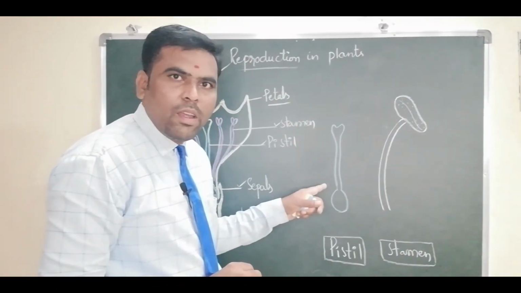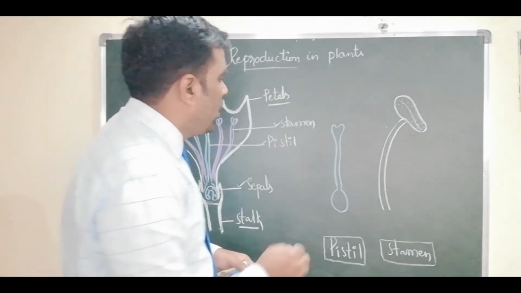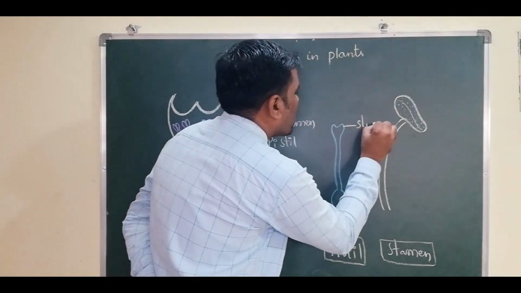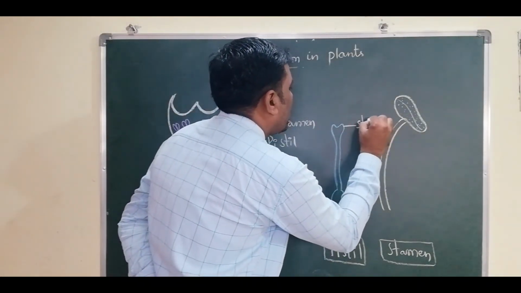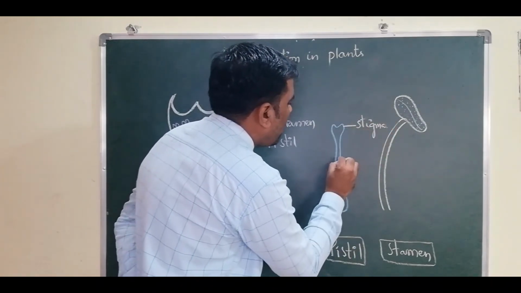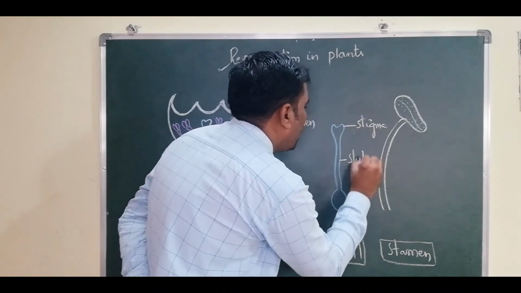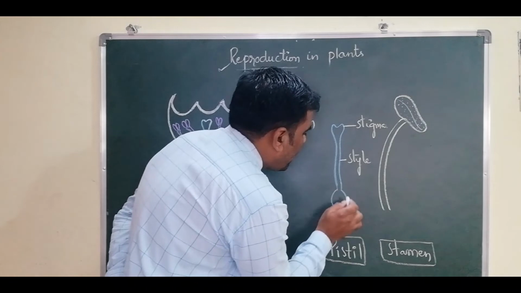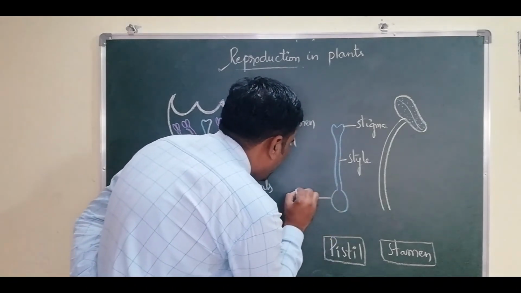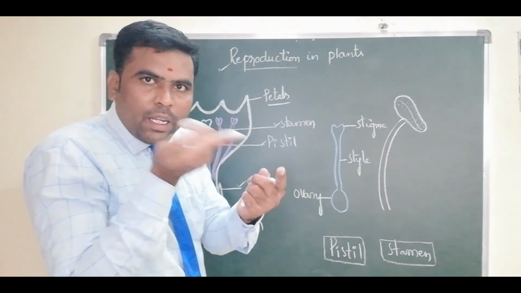Now let's observe the pistil, the female reproductive part. It has three parts. One is the stigma, this tube-like structure is called the style, and the swollen oval shaped region is called the ovary.